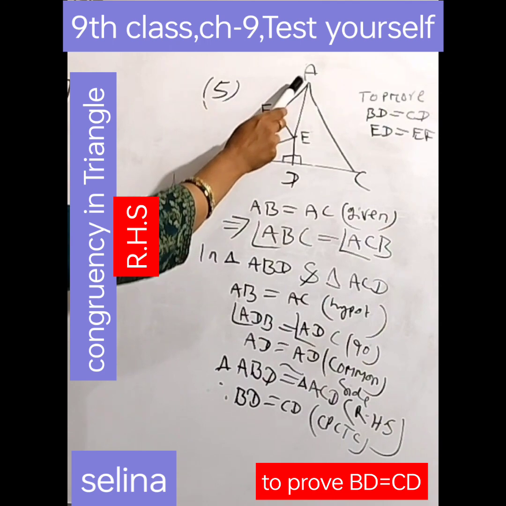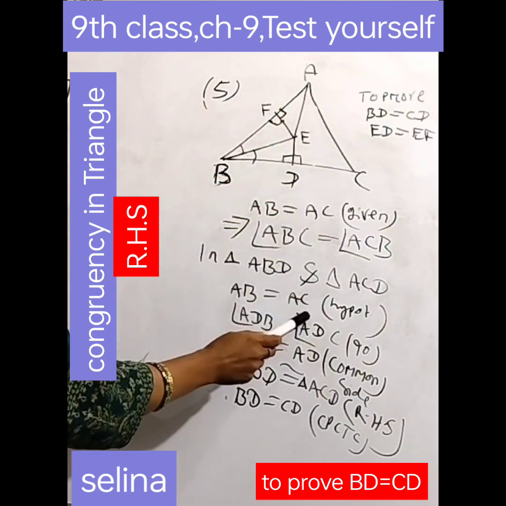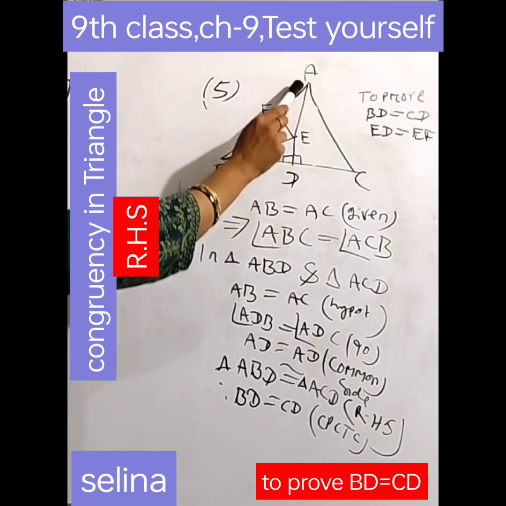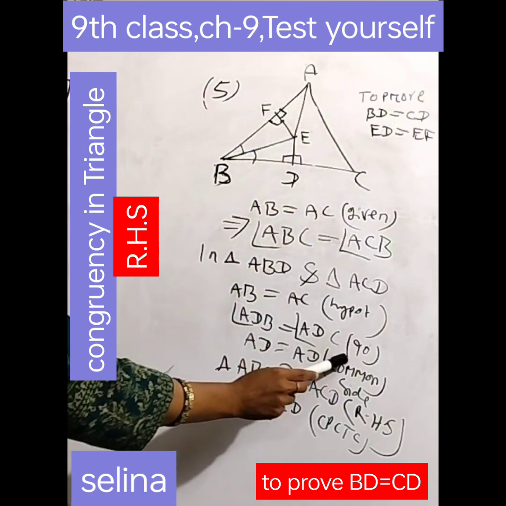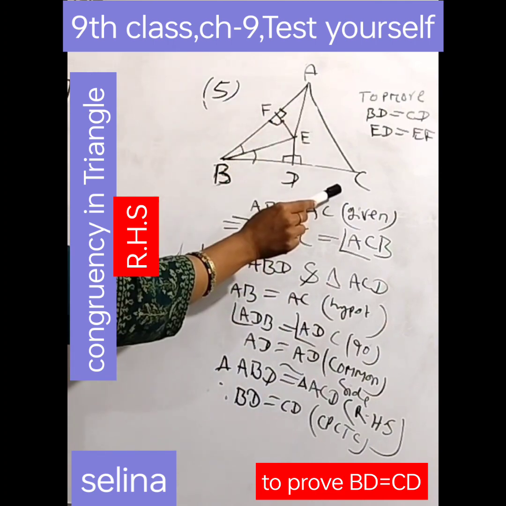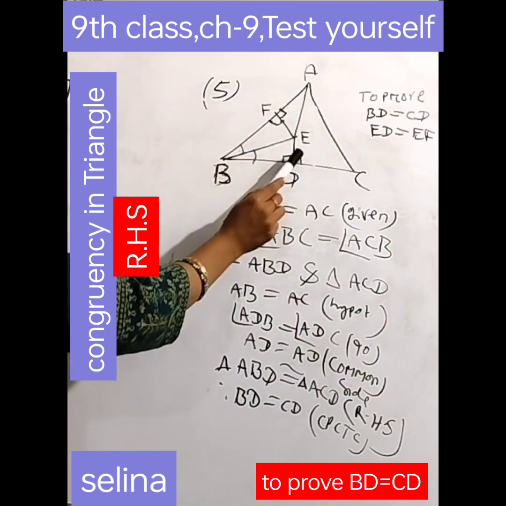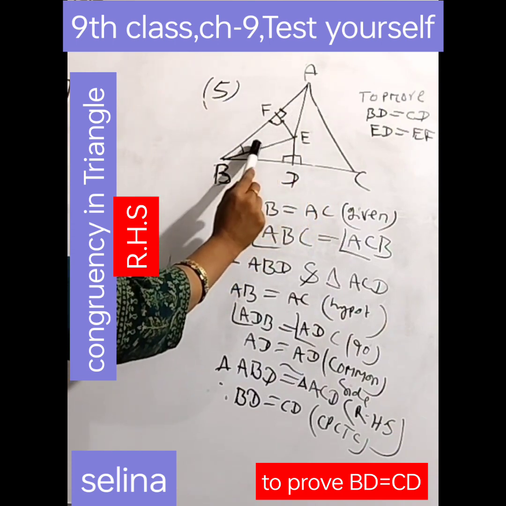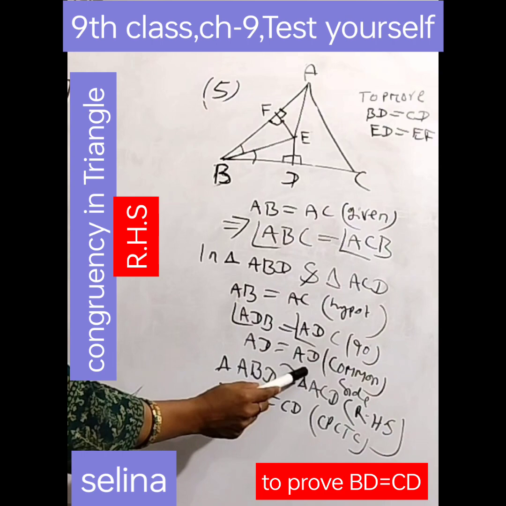AB equal to AC, given, and angle ADB equal to angle ADC, given, that is 90 degrees. This is one side equal and one angle equal, and AD is common for both triangles.